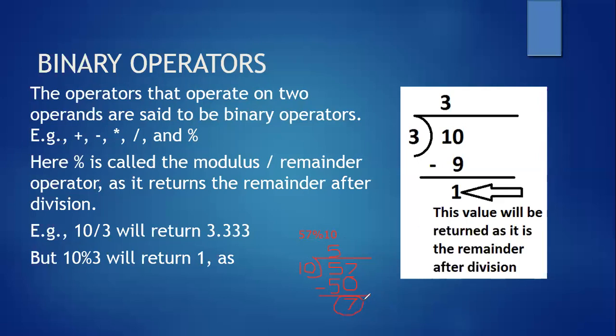It will return the value 7. Exactly. Beta Krishna, what answer will it return? It will return 7, the remainder after division. Remember, this is the principle on which it works. Remainder after division. Clear all of you?